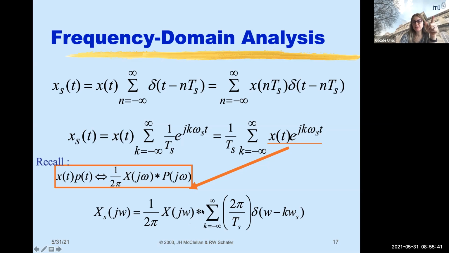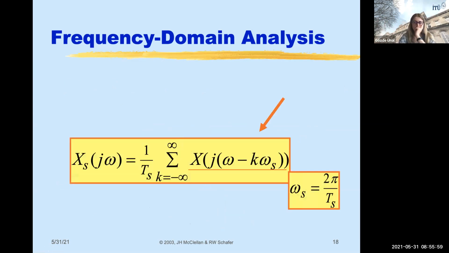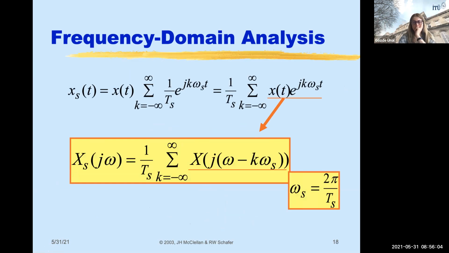When we multiply that signal in time domain by a periodic impulse train, we convolve this signal spectrum by another impulse train, right? That's why x of j omega convolved with shifted impulses is itself shifted. This is the derivation. I hope this is clear.